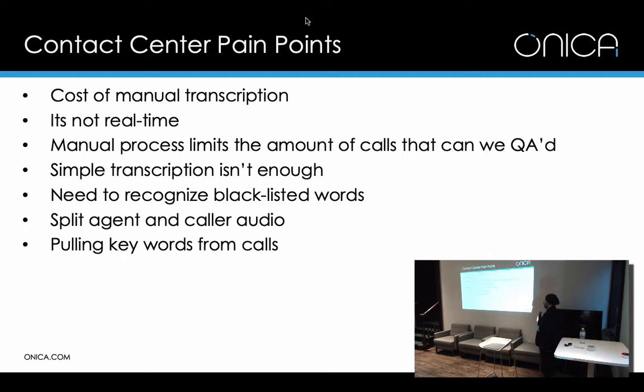Some of the pain points are the cost of manual transcription, it's not real time, and the manual process limits the number of calls that we can QA. Simple transcription isn't good enough, right? Just transcribing audio to text isn't good enough. You need to recognize certain blacklisted words. Splitting the agent and the caller audio is pretty big. That's something that obviously isn't done in a manual process, and pulling keywords from the calls.